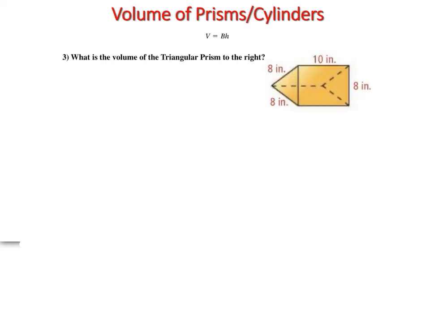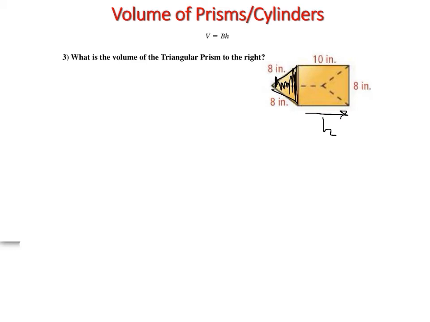This problem is a little bit tougher to figure out, but the key here is to think that we have a stack of these triangles. So we're going to calculate the area of one triangle multiplied by the height at which that happens.